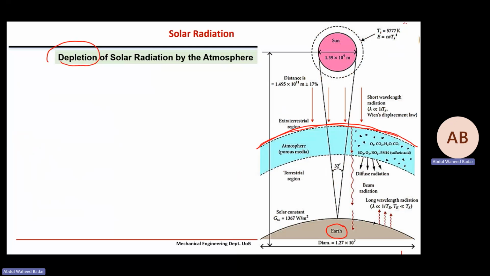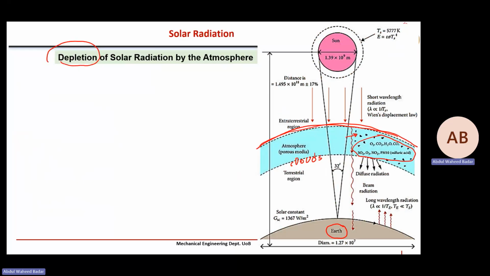So now we see there are many different gases in the atmosphere, dust particles, other types of suspended particles, there are water vapors, there are clouds.